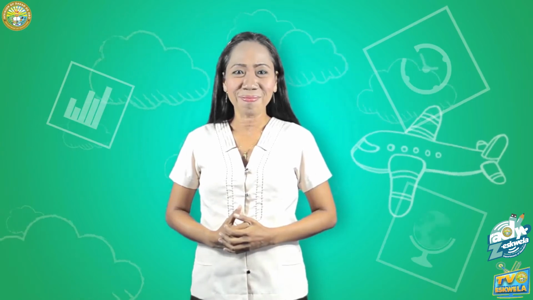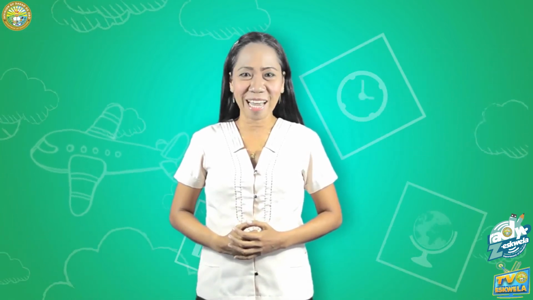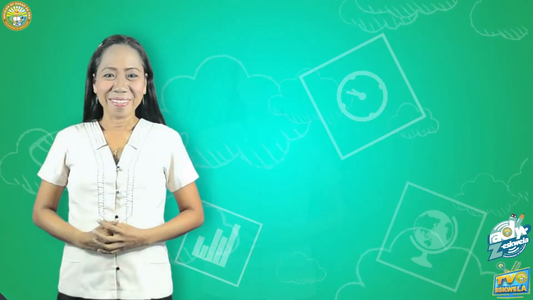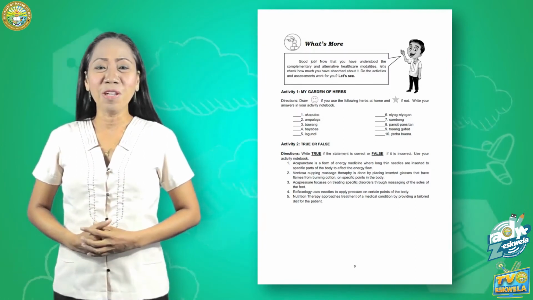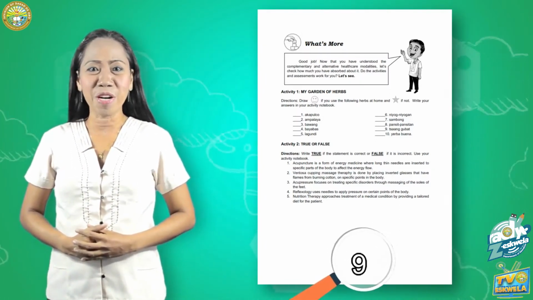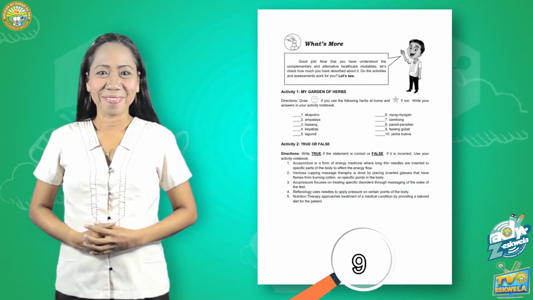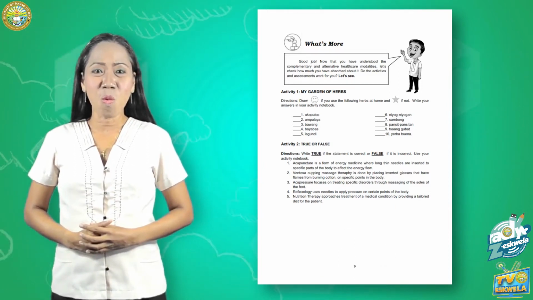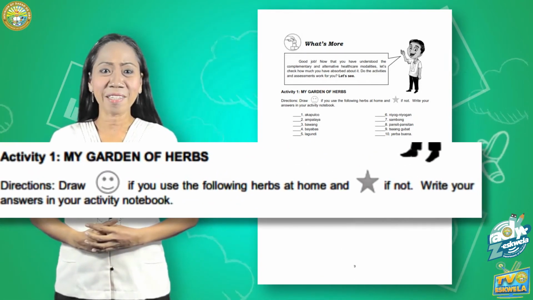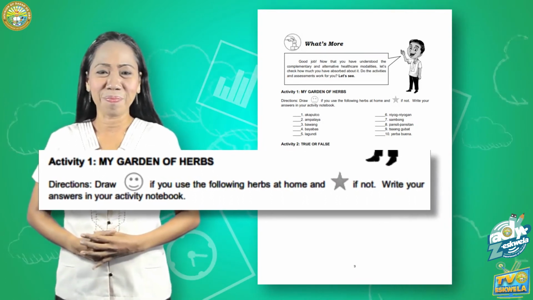Are you now ready to do your first activity? I bet you are good to go. So let us answer the first activity. Take a look at your module and follow me on page number 9. Activity 1 is entitled My Garden of Herbs.